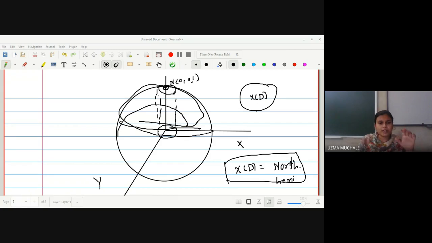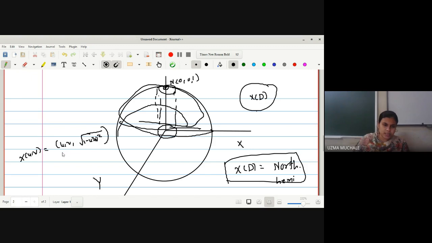So here for the example of a simple surface, the first condition is satisfied, क्योंकि हमने अगर x of (u, v) का mapping देखेंगे, x of (u, v) we have defined it as (u, v, square root of 1 minus u square minus v square). So we have defined it in such a way that it is (u, v), and the third coordinate is, with the help of our equation x square plus y square plus z square is equal to 1, z is equal to the square root of 1 minus u square minus v square, right.